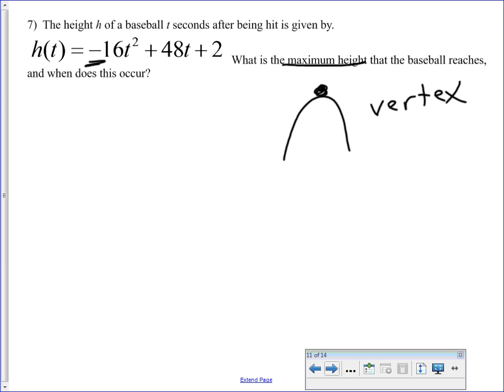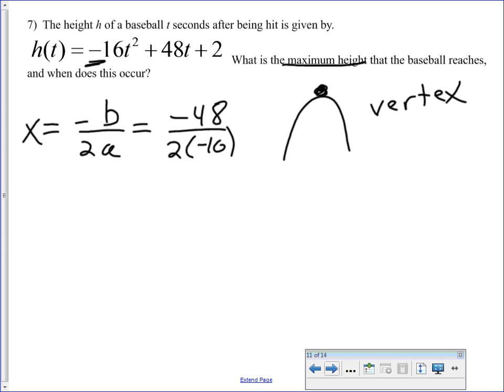the vertex. So we just go to the equation we used earlier. x equals negative b over 2a, which in this case is negative 48 over 2 times negative 16, or 1.5.